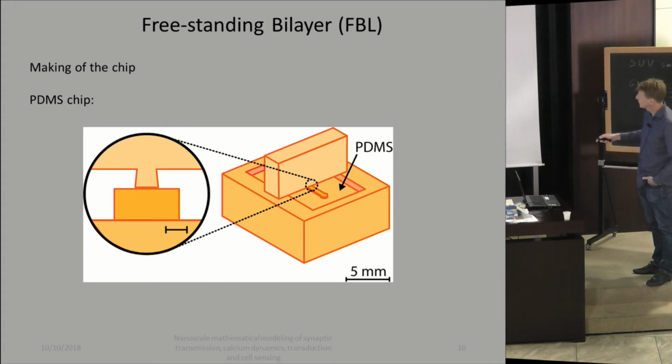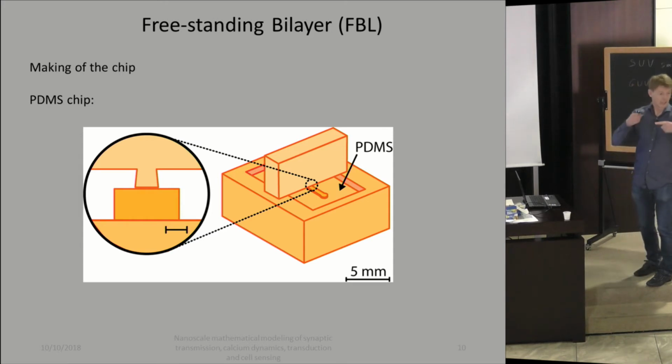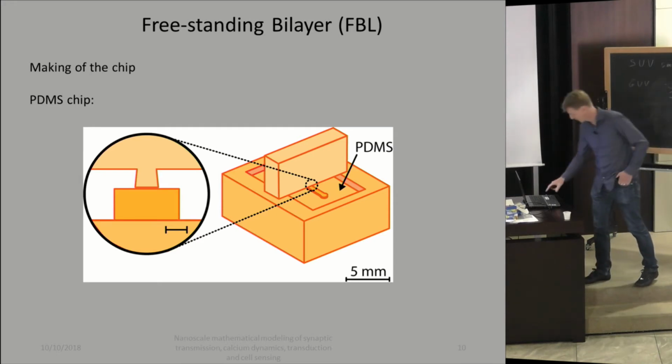That's a zoom in here, and you see the pillar, so the zoom in is a slice in this direction. You see the pillar touches the bottom channel. Then you pour PDMS, cure it, reticulate it, and it will go around this, so you'll have a whole channel here, a whole channel there, and between the two channels, you have this tiny hole that is typically 100 micrometer in diameter. You can adjust it, of course.